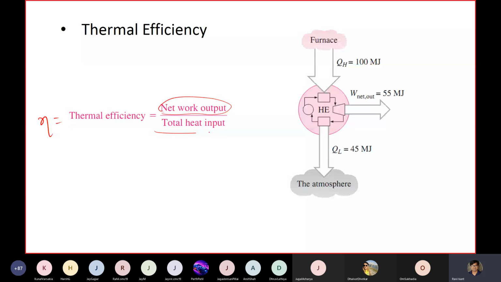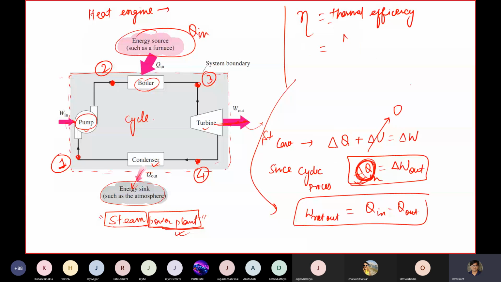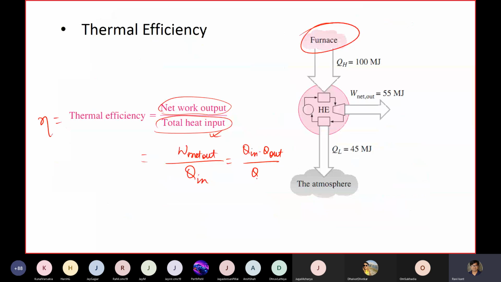Net work output is your W net out, divided by total heat input, Q in, that is coming from the furnace. That's it. And W net out can again be written, since it follows the first law of thermodynamics, this is a system boundary, in and out, everything is conserved, as Q in minus Q out by Q in, which can again be written as 1 minus Q out by Q in.